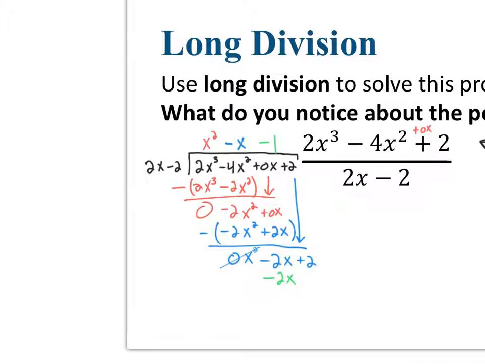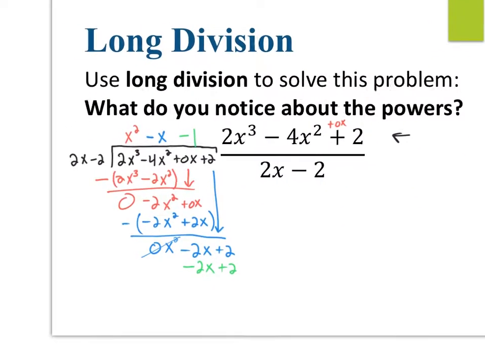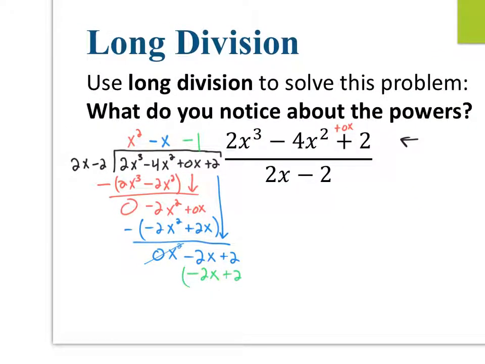Negative 1 times negative 2 is positive 2. When I subtract everything, negative 2x minus negative 2x is 0. 2 minus 2 is 0. I have no remainder. My final answer is this stuff that's on the top of this division problem.